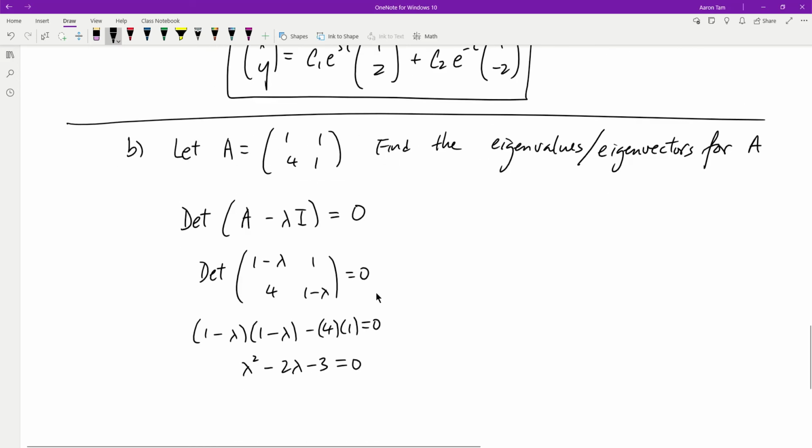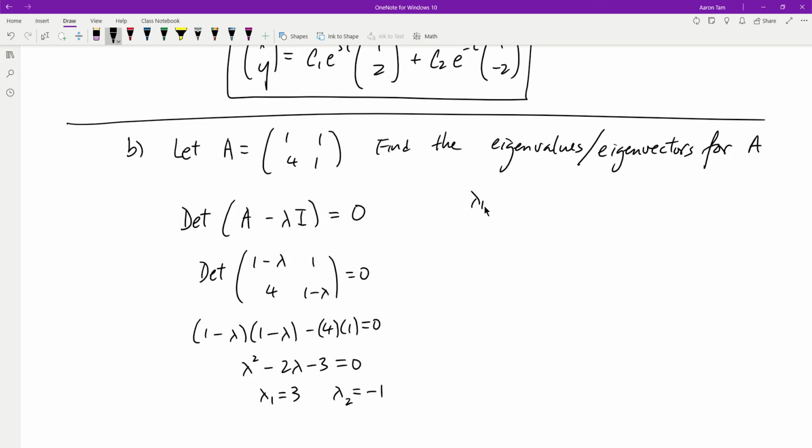And yes, for most problems, it should almost always wind up being the same because of the connection between the eigenvalue and the solution of the characteristic root. So this will give us two different lambda values: lambda 1 equal to 3 and lambda 2 equal to negative 1.